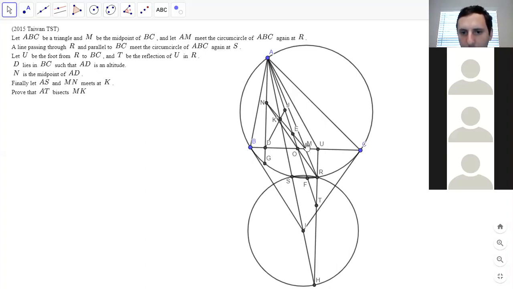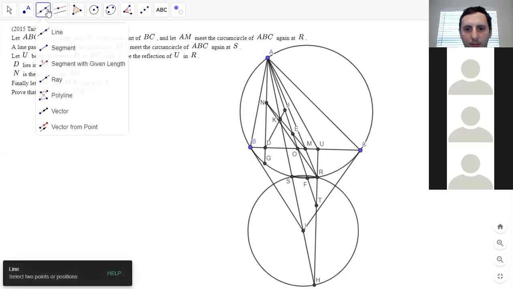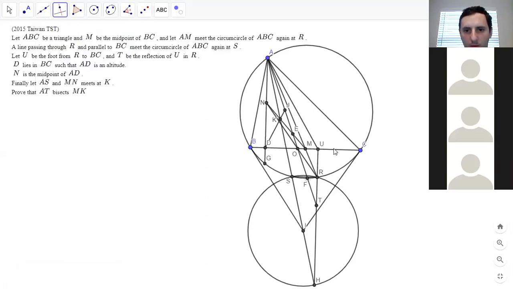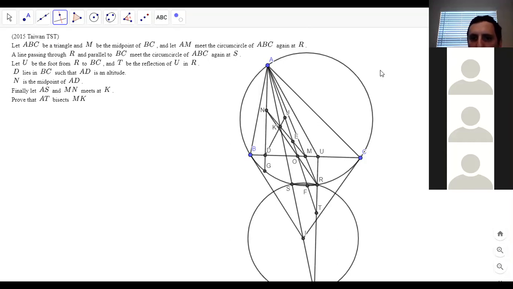But OM, is FM perpendicular to, no, I don't think it can be. Check the chat. I'm not sure actually.